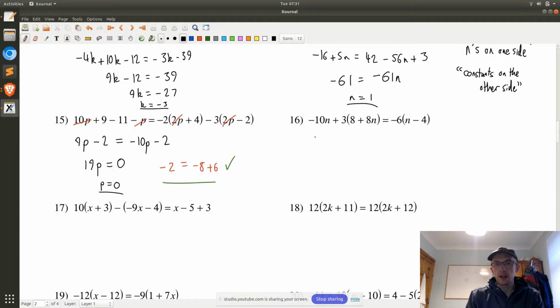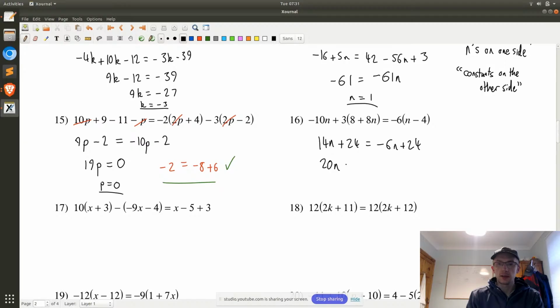Expand and clean both sides. So straight away, I go to the n terms. 3 times 8n is 24n, 24n take 10n is 14n, and we're done. 3 times 8 is 24, and then that's equal to what? -6n add 24, and we're done. N's on one side, plus 6n to both sides, take 24 from both sides.